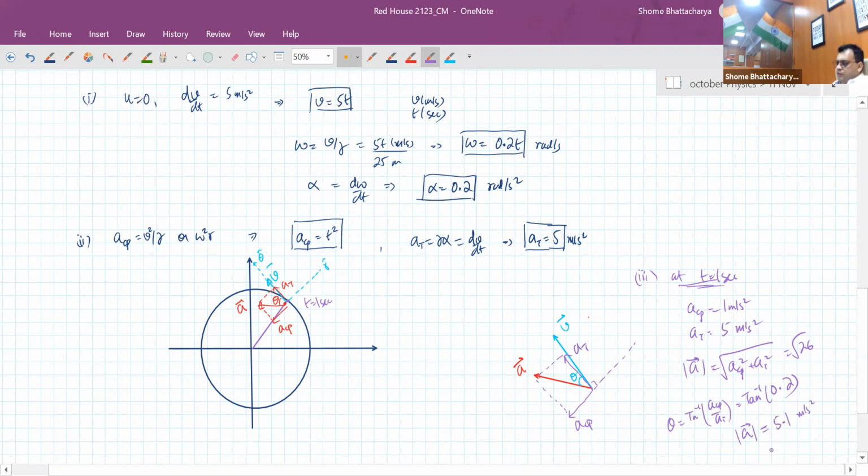And theta, if we calculate tan inverse of 0.2, you can leave the answer in tan inverse, it doesn't really matter. I'm just giving you an idea of the value. It's about 11 degrees. That will be the angle between these.